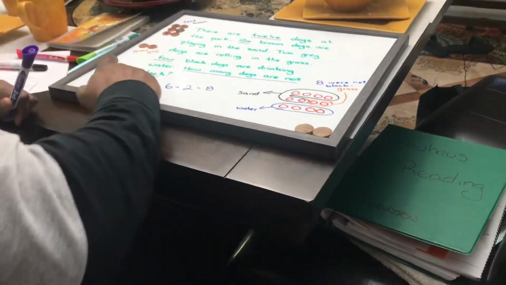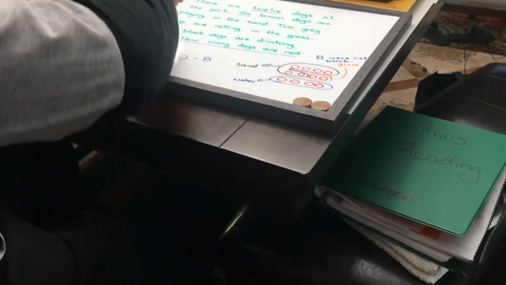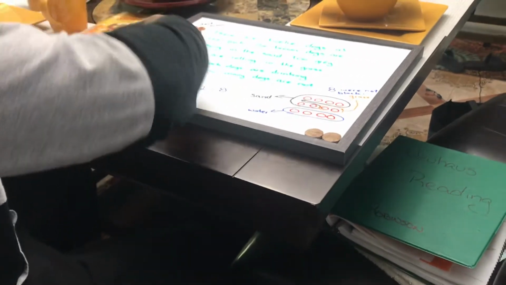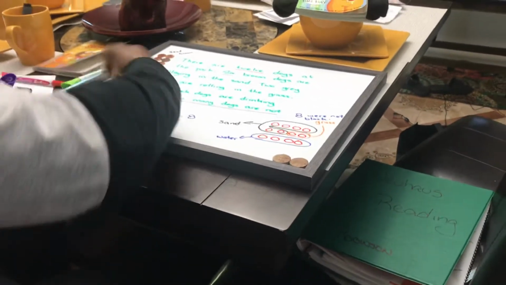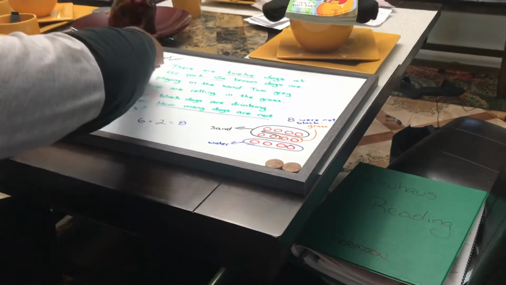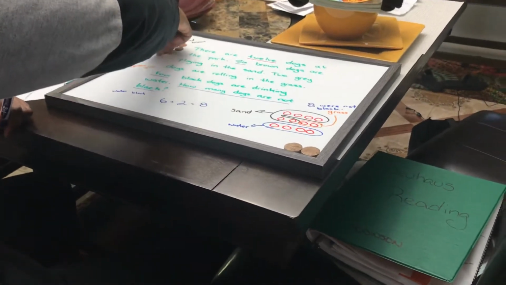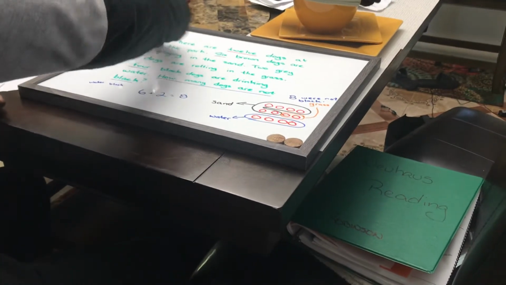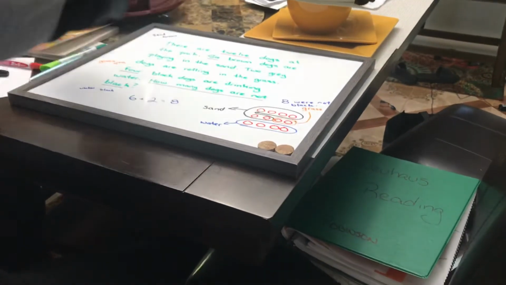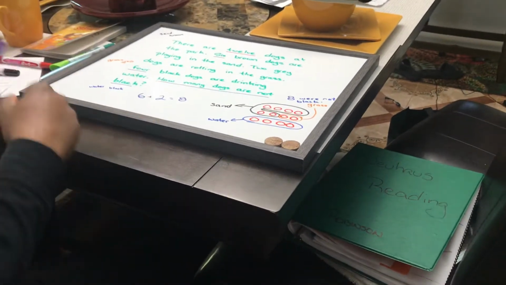Now, here's another thing. We want to make sure that math ties over into our writing. Everything ties over into writing. So we want to make sure that we write for every subject. So how do we answer this question? We answer it by writing a sentence.